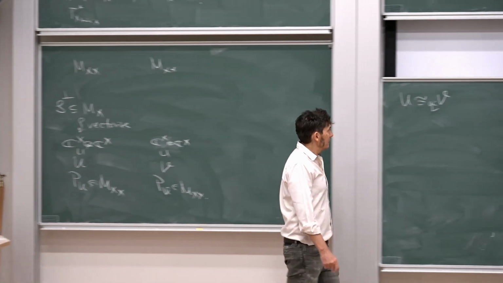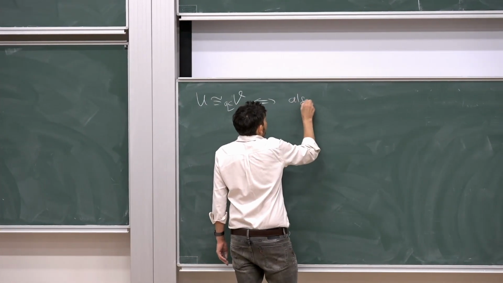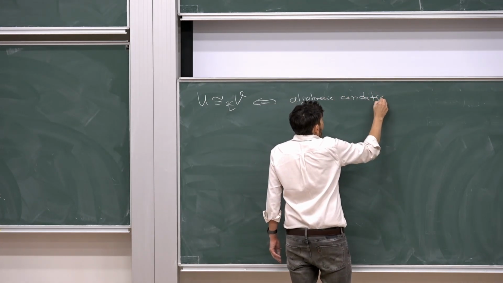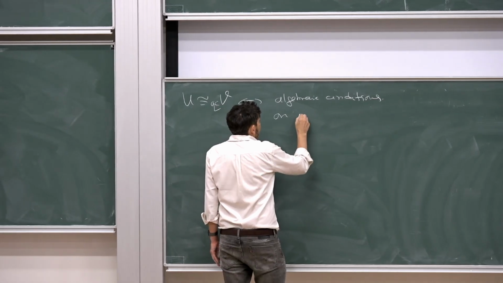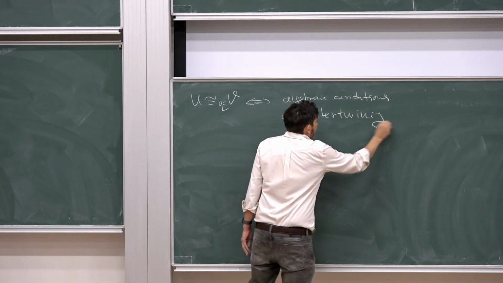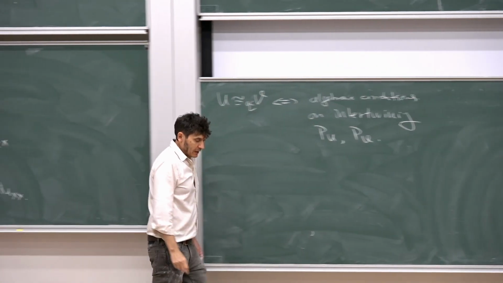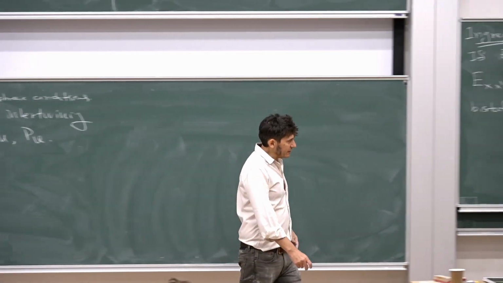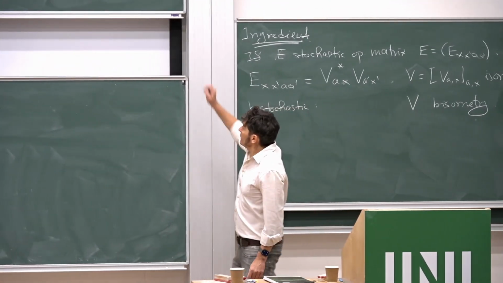Precisely when, this can be translated into algebraic conditions on intertwining P sub U and P sub V with some sorts of bi-unitaries arising from the underlying bi-unitary that I started with.